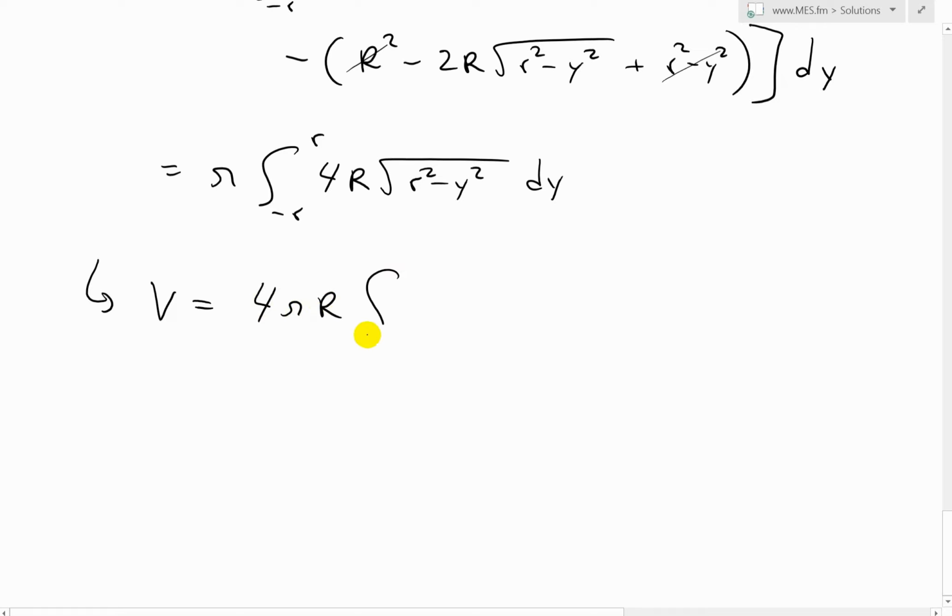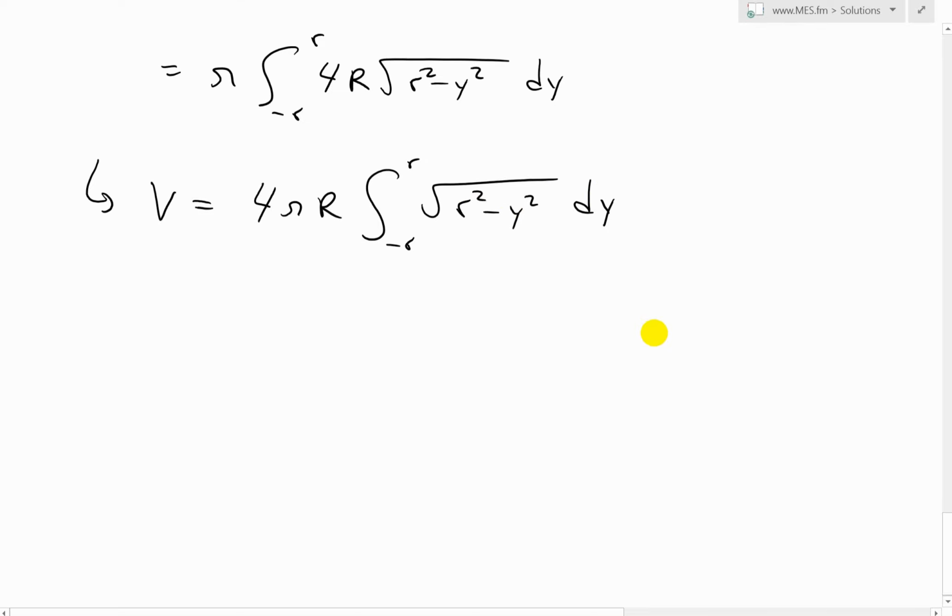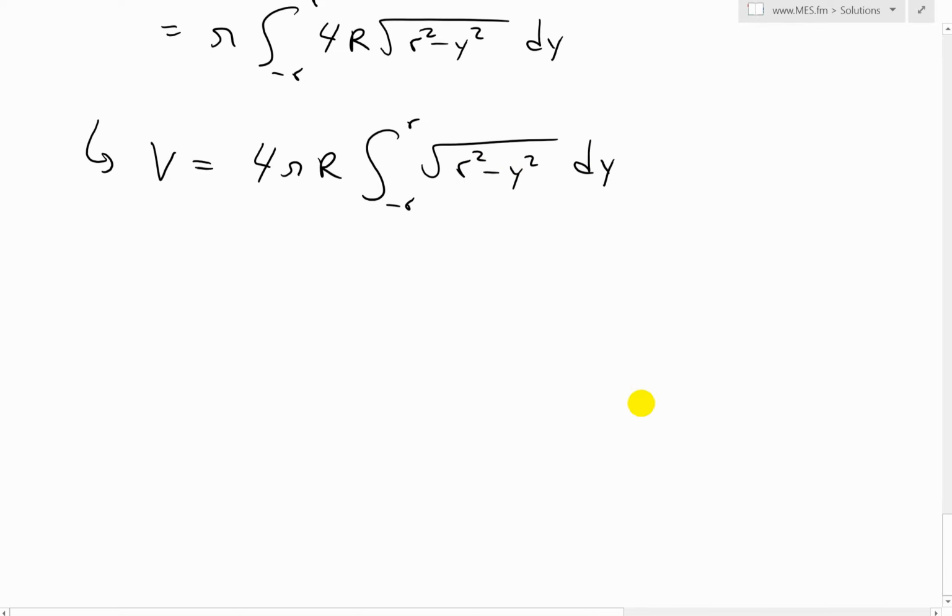And then the integral from negative r to r of the square root of r squared minus y squared dy. Now, instead of solving this directly using integration, we could recall that a circle with the origin at the center is x squared plus y squared equals r squared.